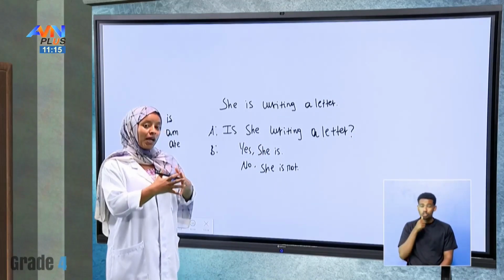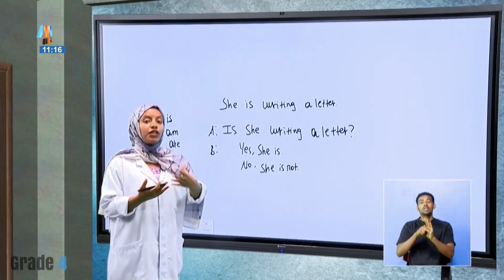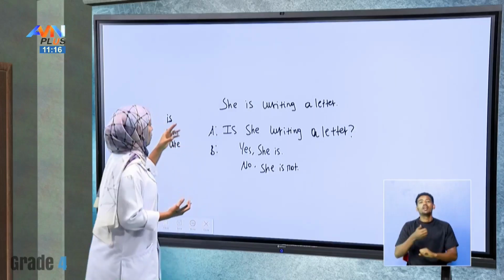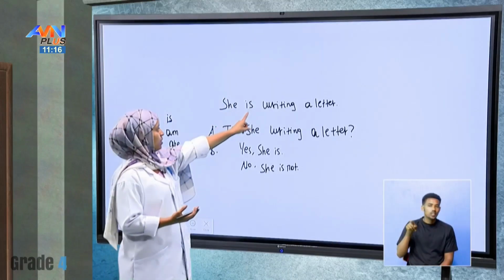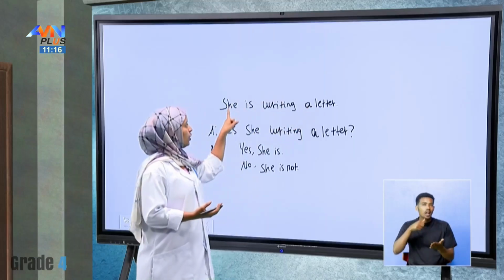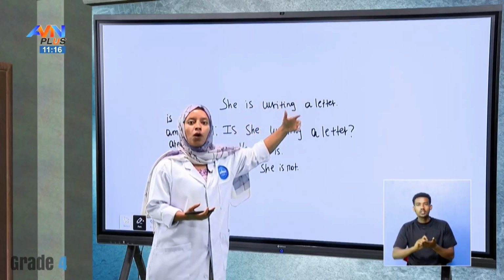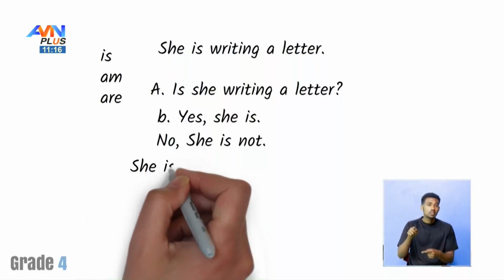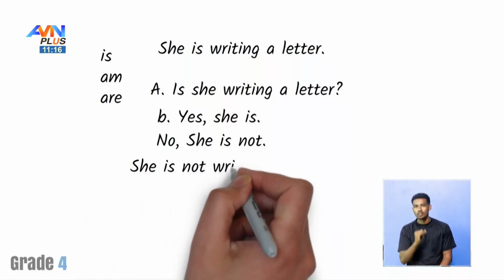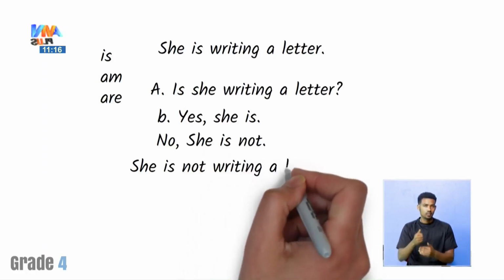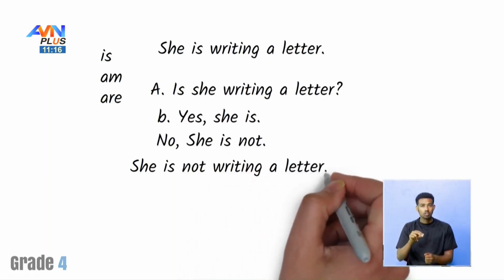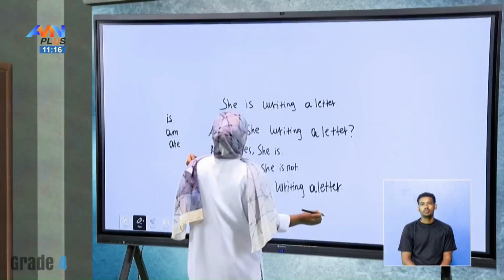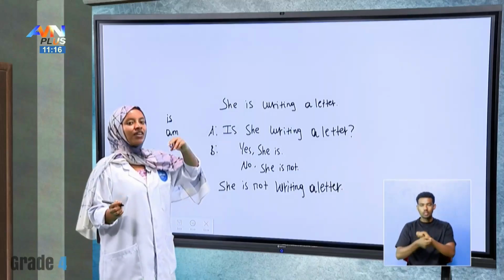And also, when we come to a negative sentence, like before, you can use not after the helping verb. For example, she is writing a letter. So what are you going to say and write? She is not writing a letter. So to make negative, easily add what? Not.